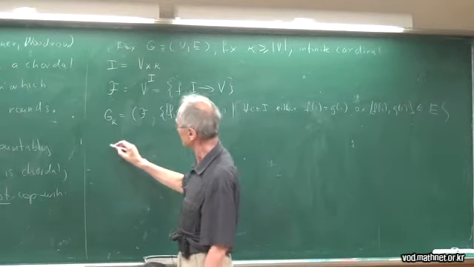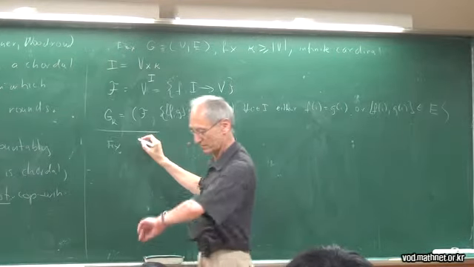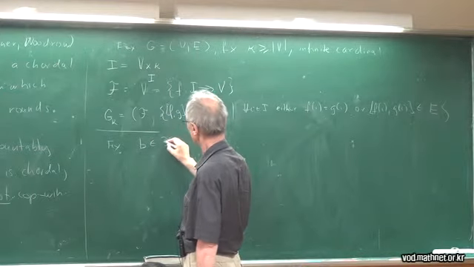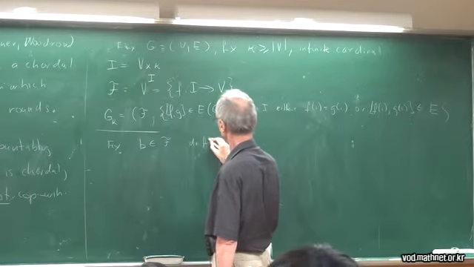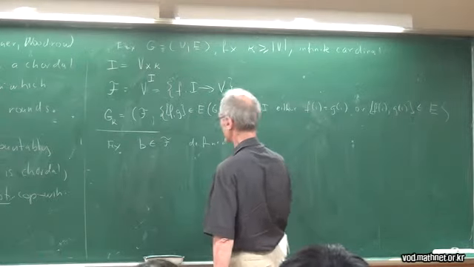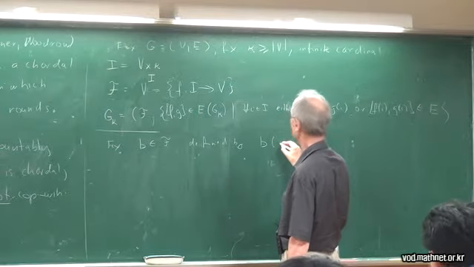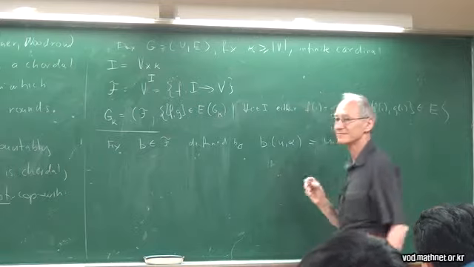We can fix a function b in F defined by, it's a projection, b of u alpha is equal to u.